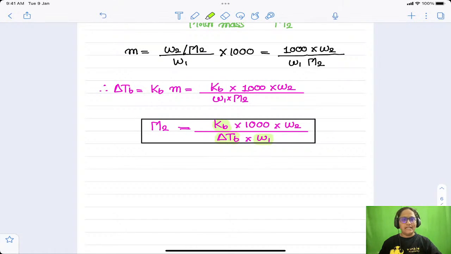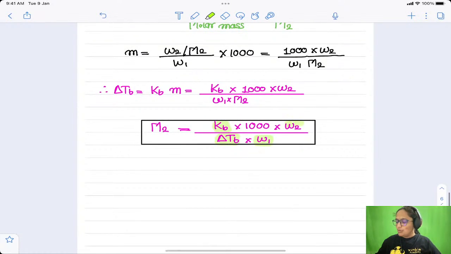Obviously we will weigh it, so this is known. W2 is also known. W2 is the weight of the solute, that we will also weigh. Then we can find out M2. M2 is the molecular mass of the unknown, non-volatile solute. Therefore by using this experiment we can find out the molar mass of an unknown solute very easily.